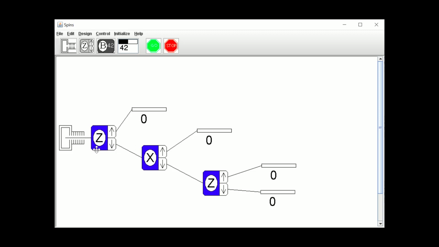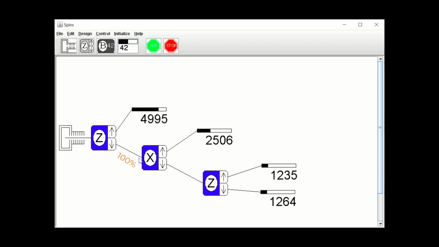The first one is just preparing our beam in the spin down in the Z direction state. Measure that in the spin X direction. It splits it 50-50. Then measure the final spin component in the Z direction. What we just saw is, send 1,000 through, 100% of our beam comes here.